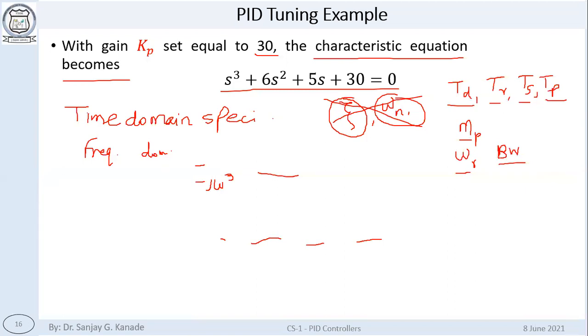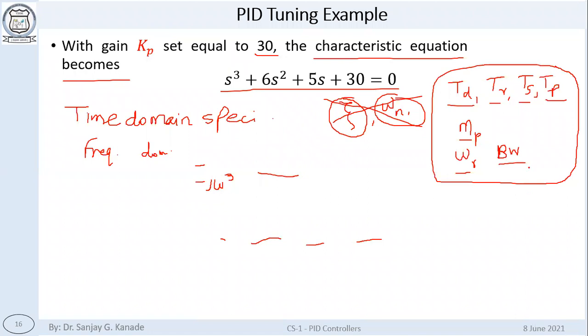These are the system specifications in the time domain as well as the frequency domain. And these are the specifications of the system response. They indicate how the system response should be. What is expected from the system response? That is what they indicate to us, right?